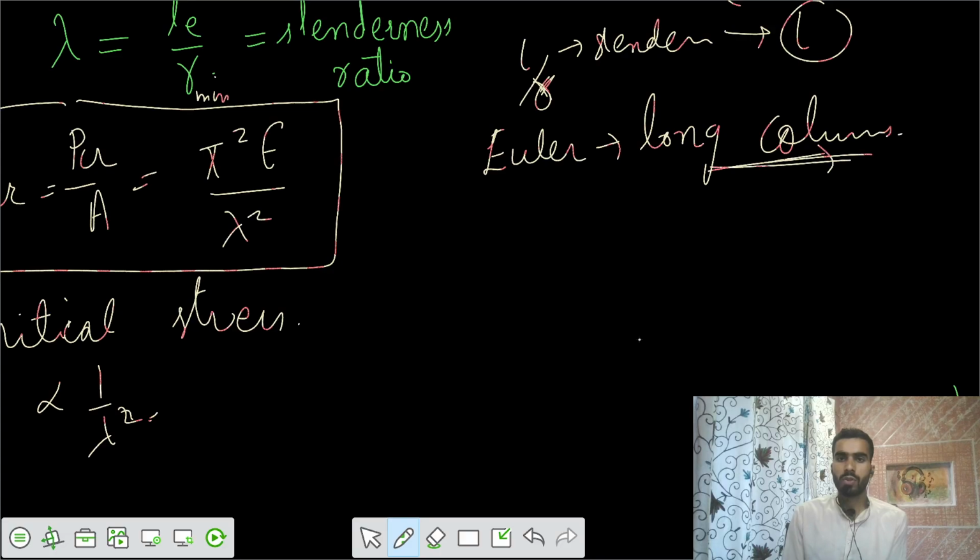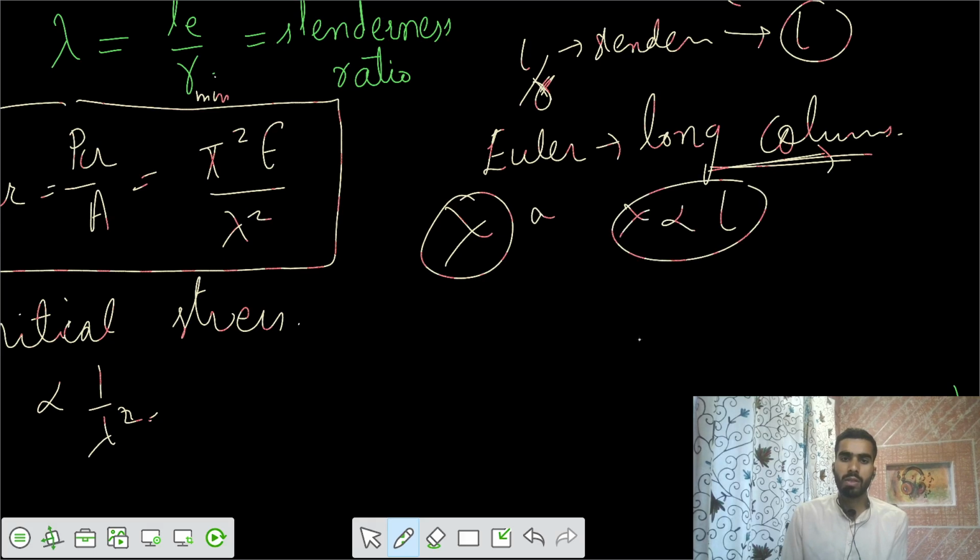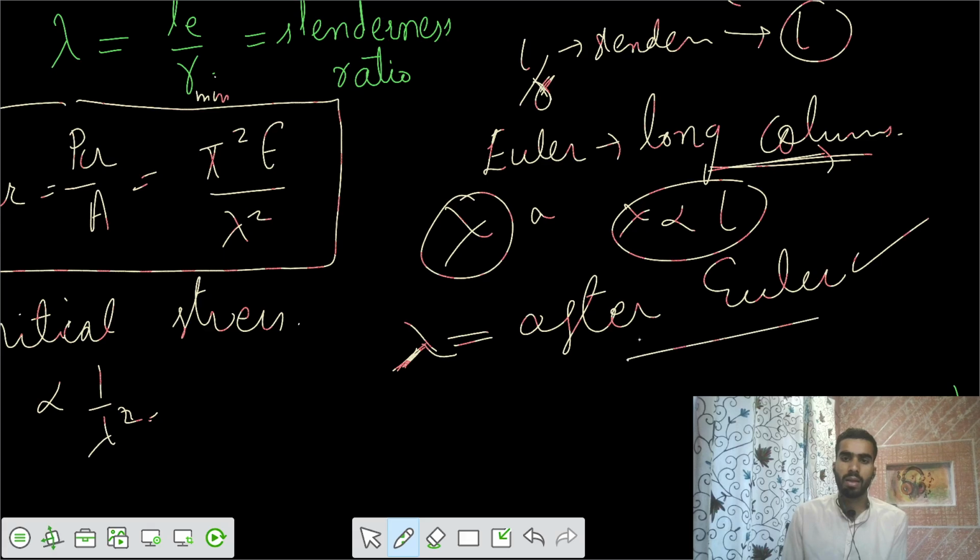That means there should be some value of lambda after which, since lambda is proportional to L, Euler's theory would be applicable.